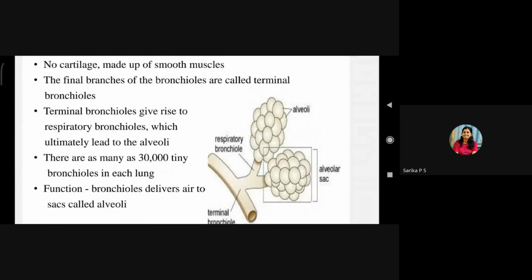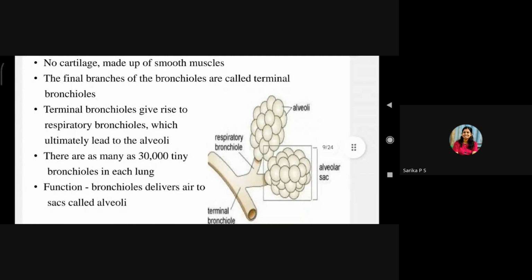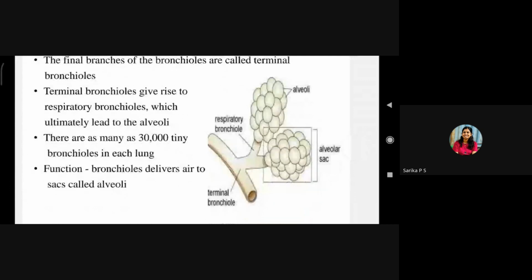You can see the terminal bronchiole, which is further divided into respiratory bronchioles, and the respiratory bronchioles finally turn into a collection of alveoli.